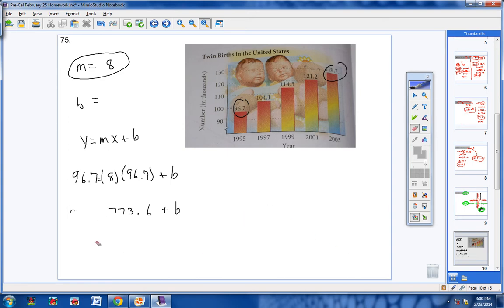For my y, I would substitute 96.7, and for my x, I would substitute a 0, not this, so I do apologize. Sorry about that. And that will totally change your b. So 8 times 0 is 0. So 96.7 does equal b.